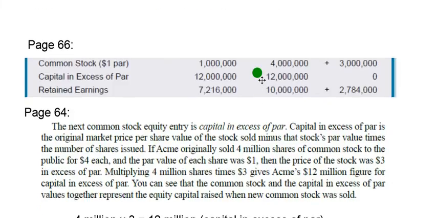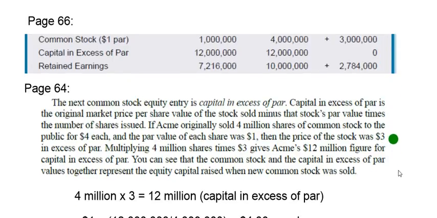So we've got 4 million shares sold to the public for $4 each, and the par value is $1. So if the par value is $1, then the capital in excess of par per share has to be the actual selling price minus the par value, which is $3.